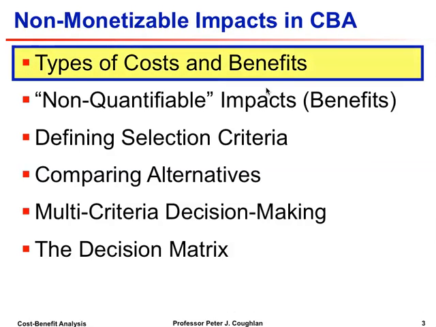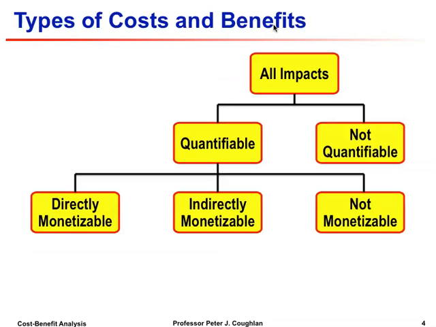So first, again, reviewing our categorization of the types of costs and benefits. You may remember that we said that all impacts, whether costs or benefits, can be classified as either quantifiable or not quantifiable. And those that are quantifiable, the easiest ones are those that are directly monetizable, right?